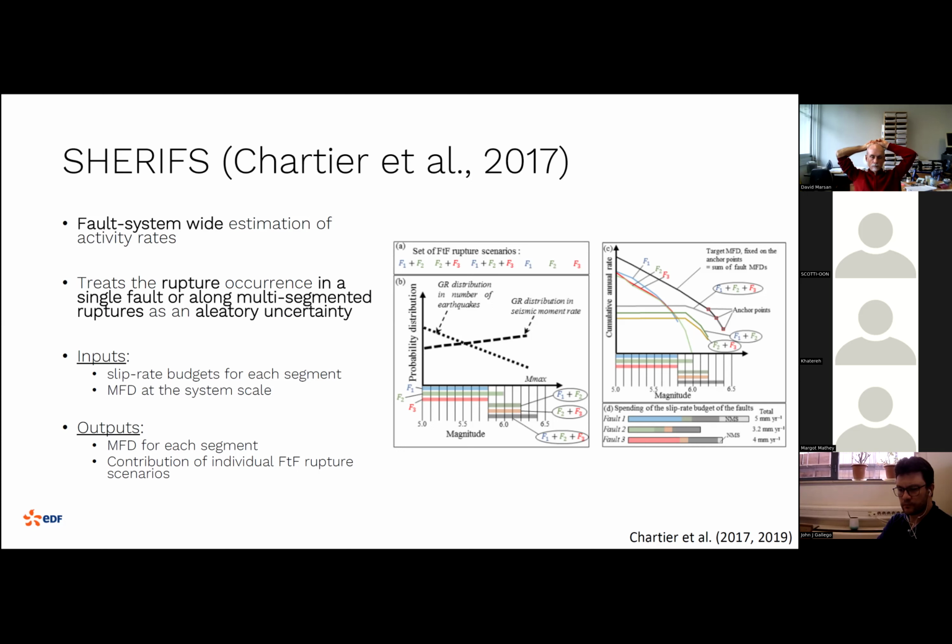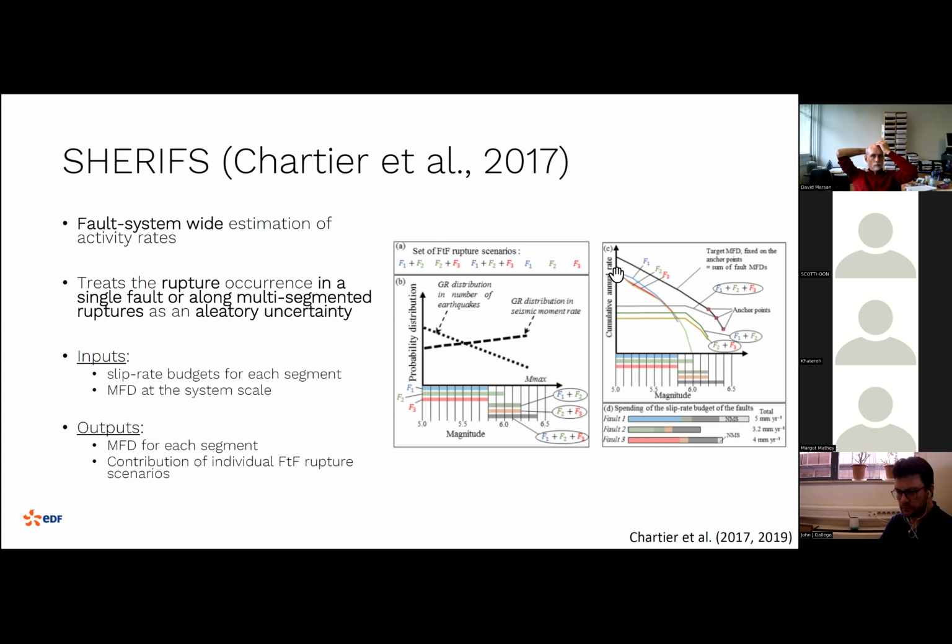For example, you have here in the paper a typical use case of 3 faults, F1 to F3, that can combine as a single rupture, or combine 2 by 2, or all 3 together. And you know the total frequency magnitude distribution based on your catalog. I will come back to that later. Using their approach, they were able, in this example, to reconstruct the frequency magnitude distributions for all segments.